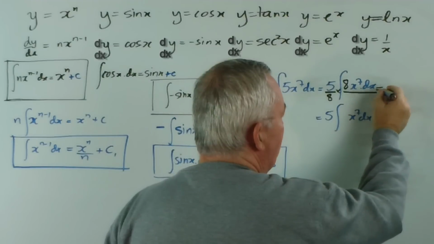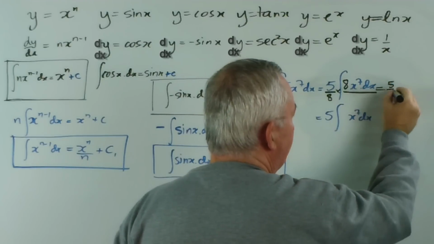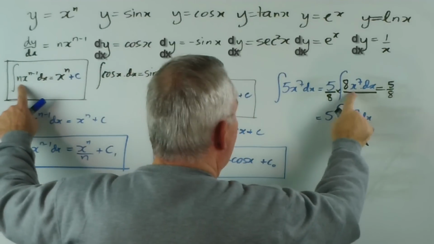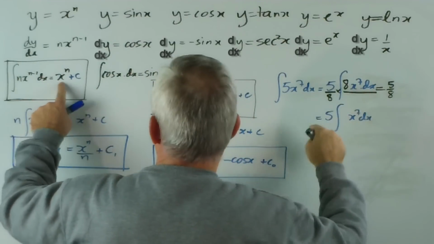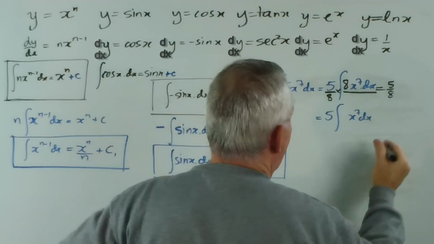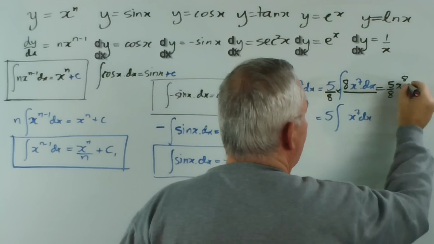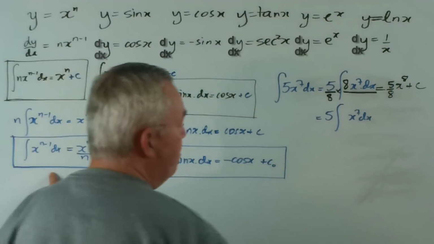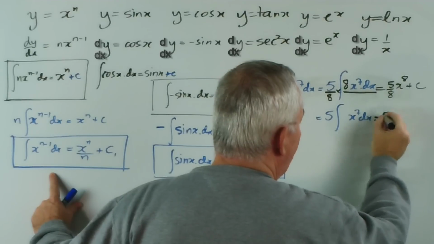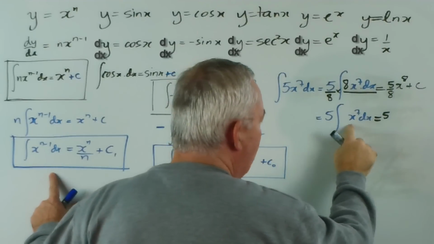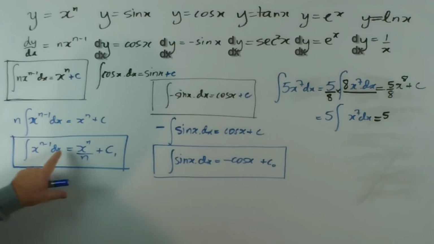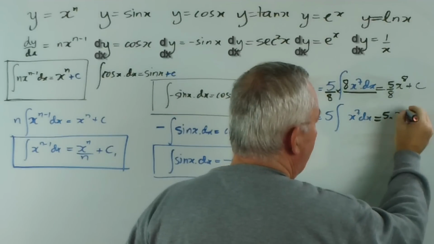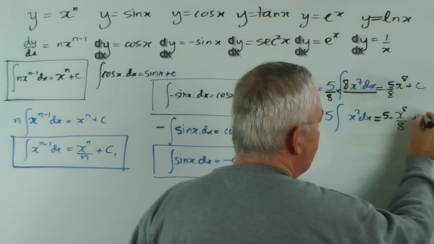And the integral in this case would be 5/8 outside, and the integral following this pattern of 8x to the 7 dx would simply be x to the power 8 plus a constant. If we did it the bottom way, we simply leave the 5, and the integral of x to the 7 is x to the 8 over 8, plus c.